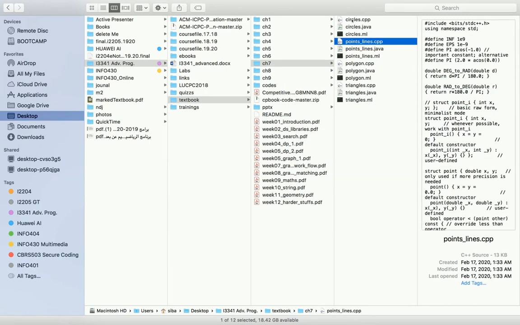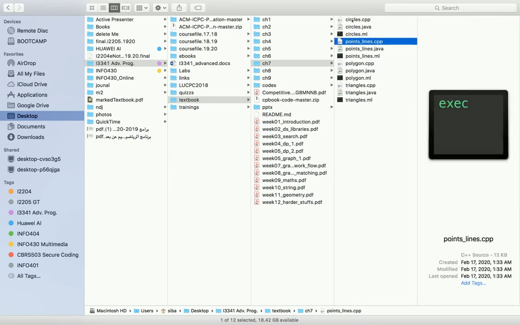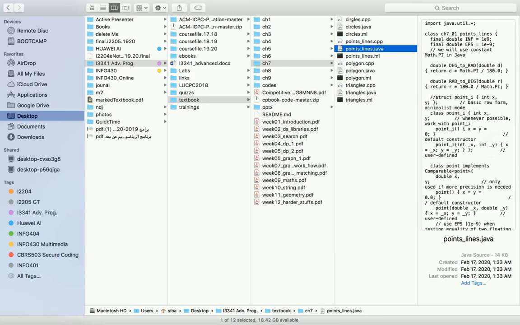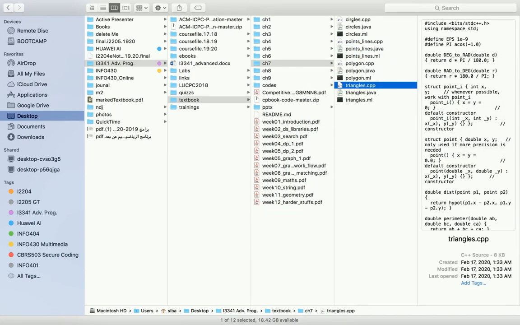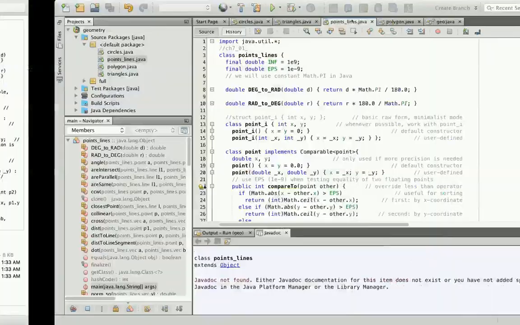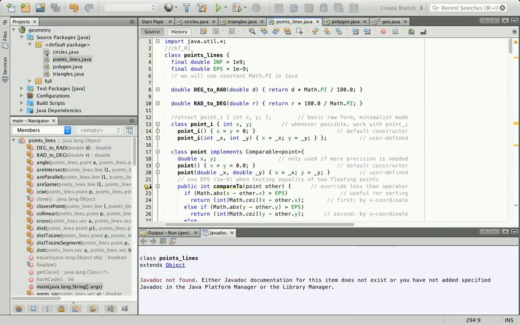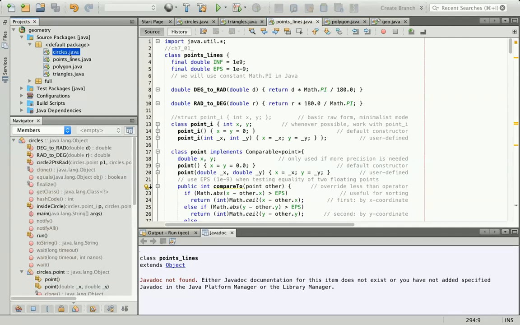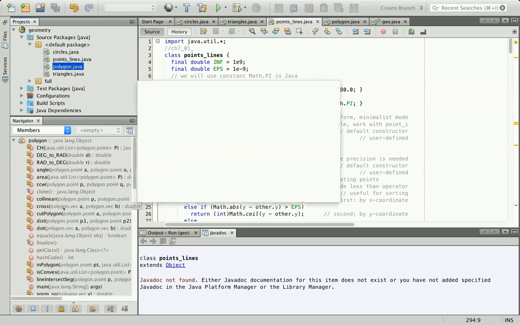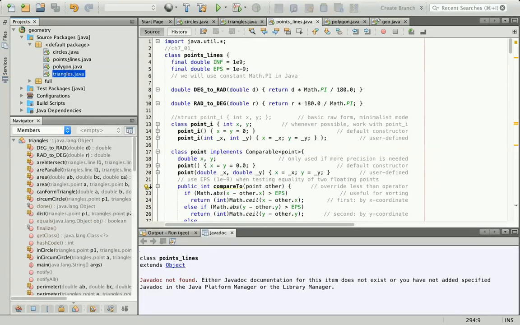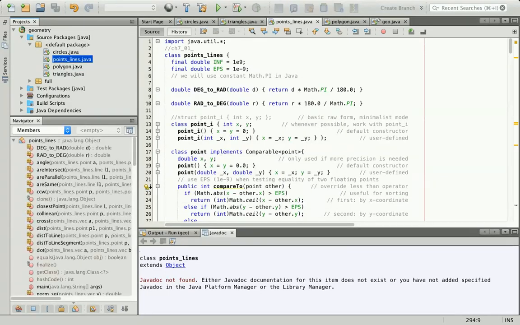Okay, so we have circles, points, lines, polygon, and triangles. You, with your workplace, take the corresponding files. I took the Java files, I put them inside a Java project so that I can see them. You see? And today we will study each, and we will visit each of the functions here.